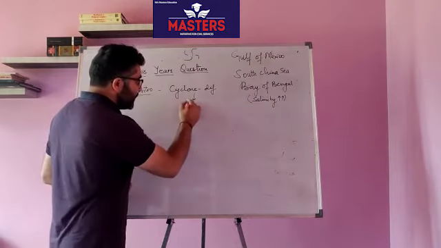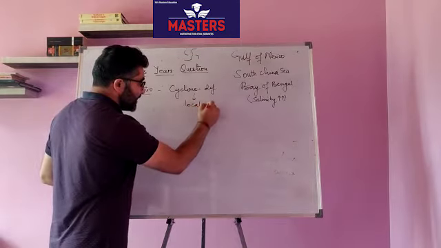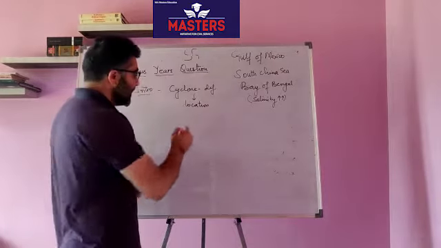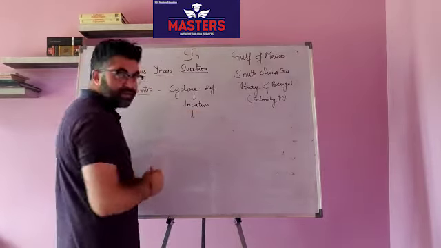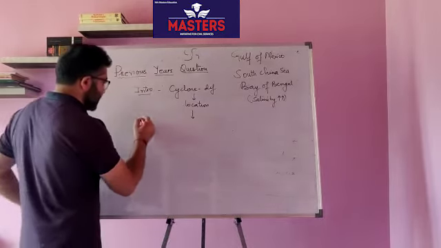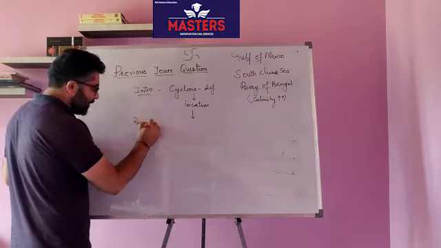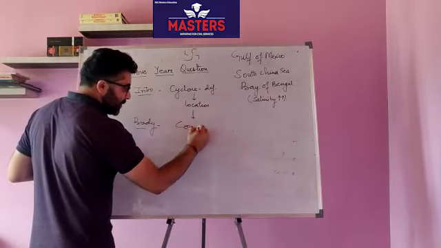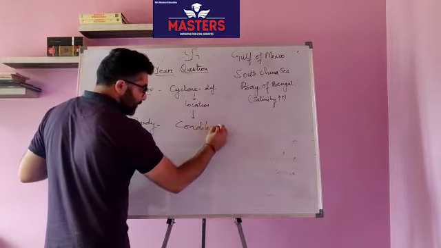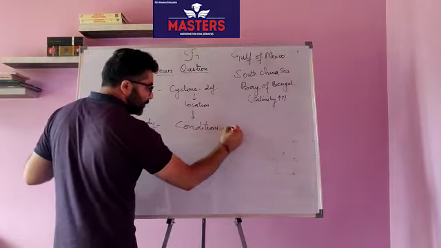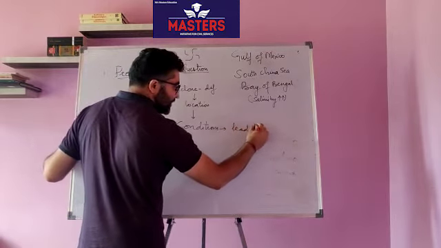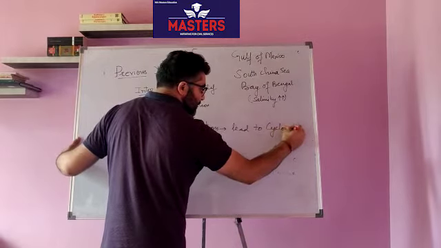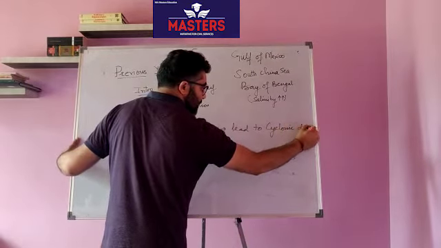So when you refer to the location of cyclones, then comes the next aspect, which is what we say the body of the answer, and that is you should write about the conditions that lead to cyclonic disturbances, the origin of cyclone.